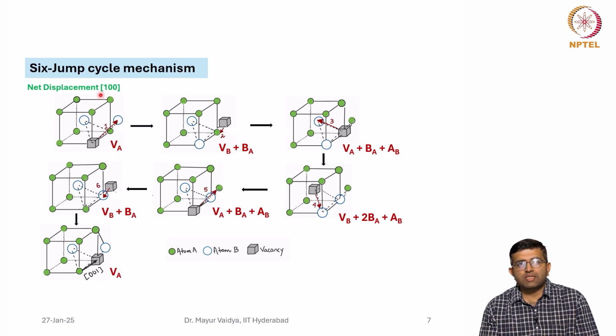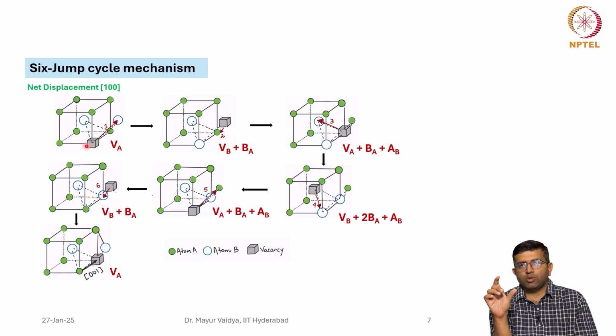If you see the distance between these two, it is equal to A, whereas for the distance between these two, for example, here it is changing its position with this atom, the body diagonal is A root 3.